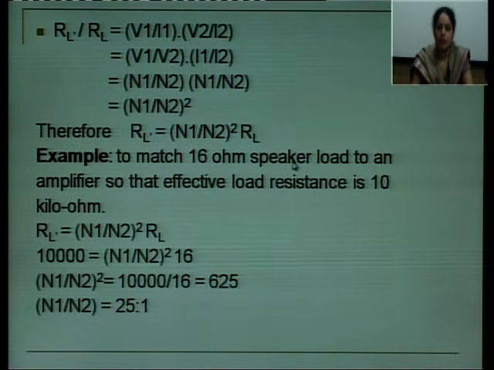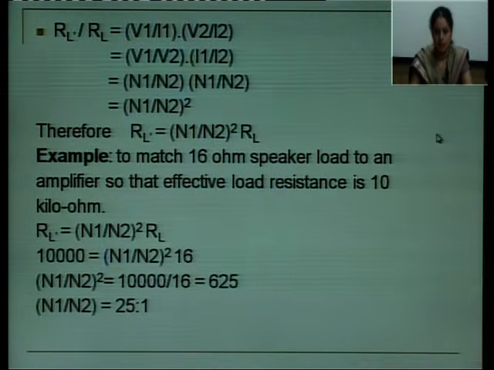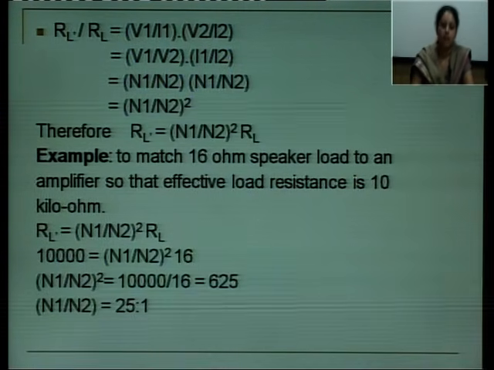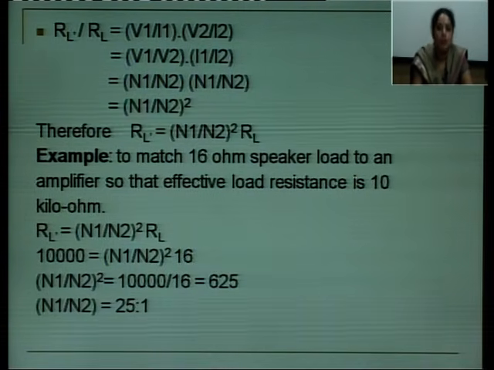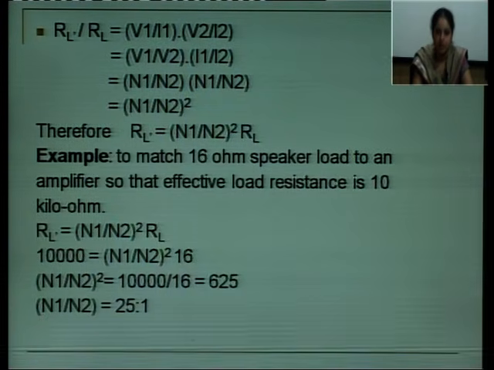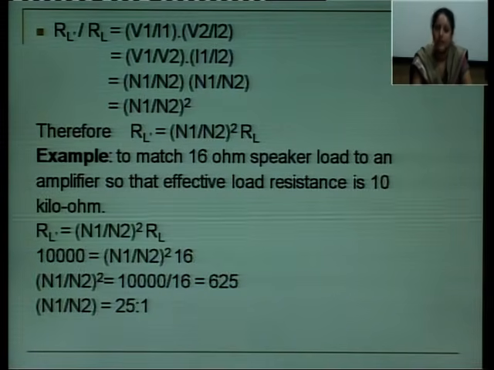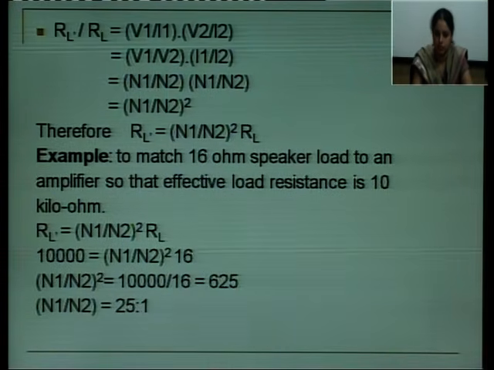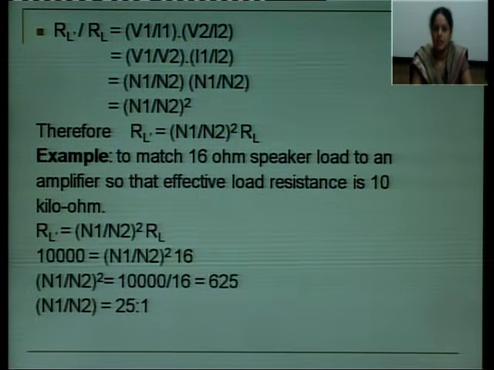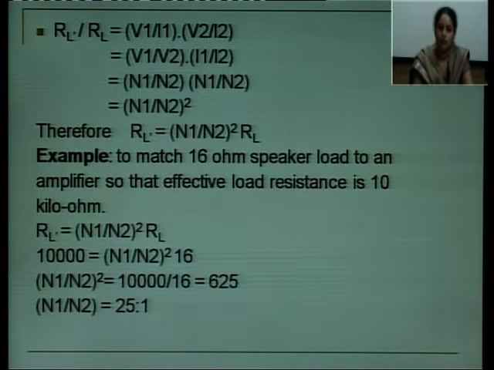Now, taking an example so that we can understand this impedance matching clearly. For example, we want to match a 16 ohm speaker load to an amplifier so that the effective load resistance is 10 kilo ohm. The 16 ohm speaker is your load, and it has to present an effective load resistance of 10 kilo ohm.